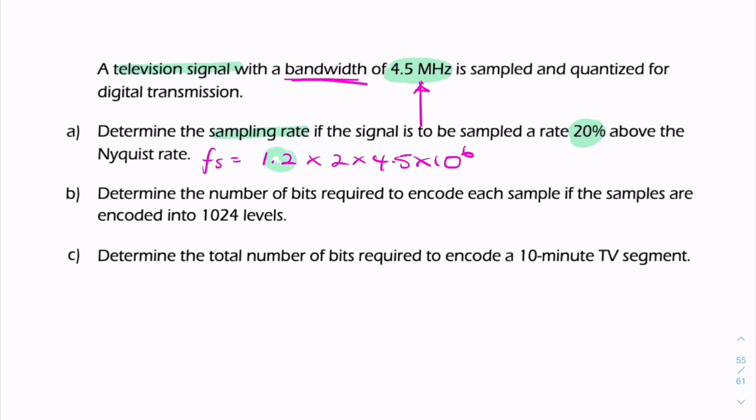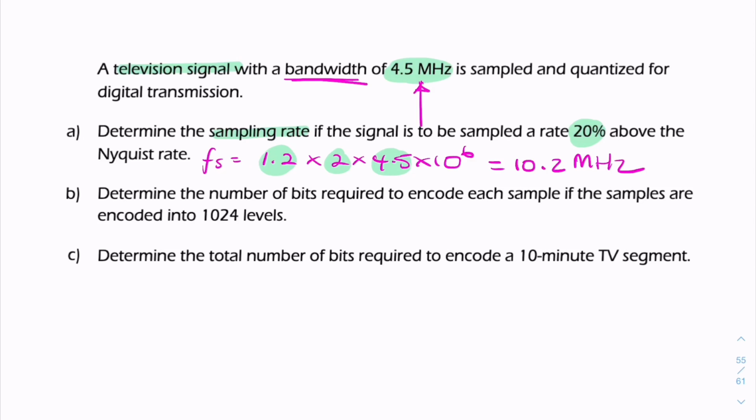So again, 1.2, that's the 20% above. The 2 comes from the Nyquist rate, and the 4.5 is your bandwidth. So that gives you 10.2, let's just say, megahertz.